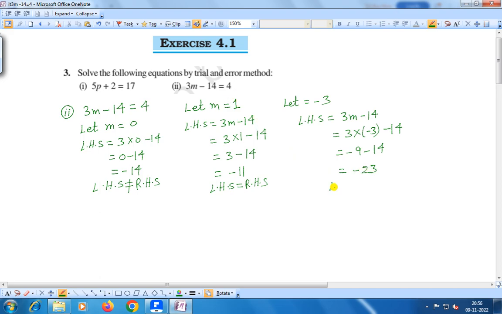Our right hand side is 4. Now here also left hand side is not equal to right hand side. In this way you have to use different values of m and solve the equation.